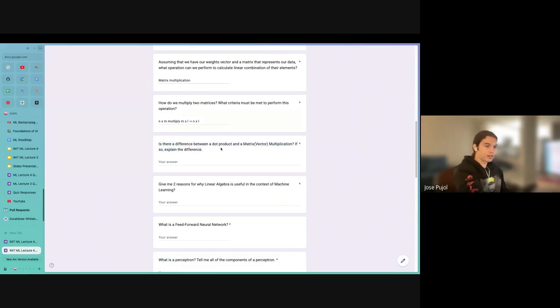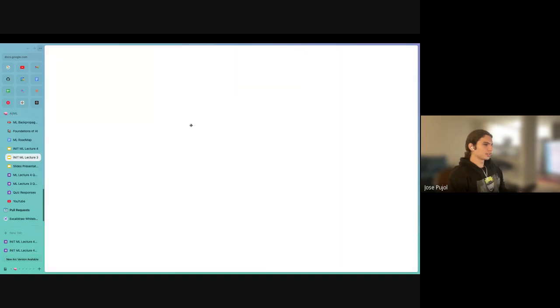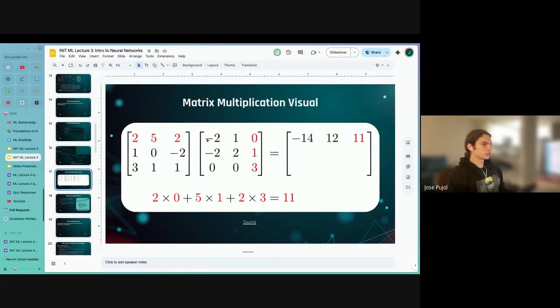Is there a difference? When you really think about it, you could argue that a matrix multiplication is really a series of dot products. If you look at the computations happening here, you see this part down here that keeps changing. That's synonymous with a dot product.